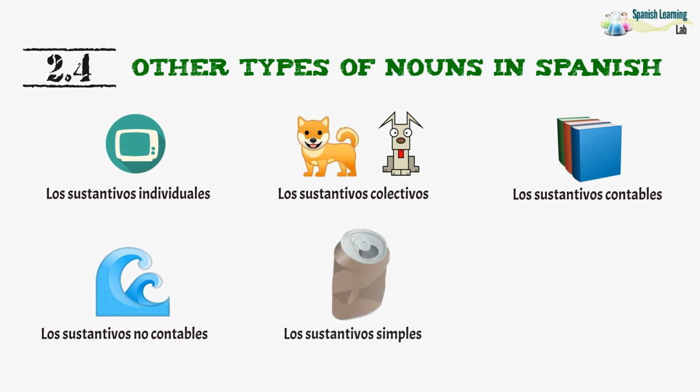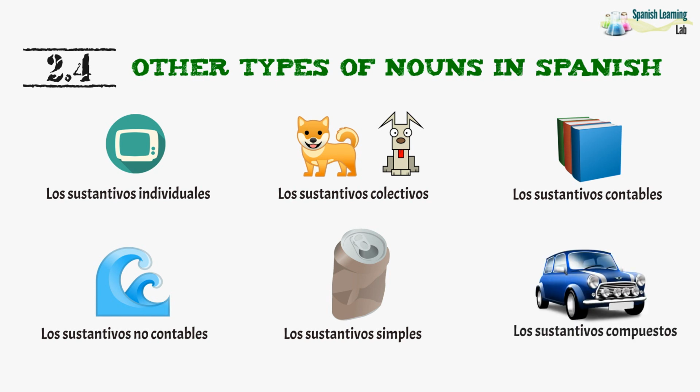Los sustantivos simples or simple nouns are just nouns made out of one single word. For example, lata, zapato, y blusa. Los sustantivos compuestos or compound nouns are the ones we form joining two words. For example, electrodomésticos and automóvil.